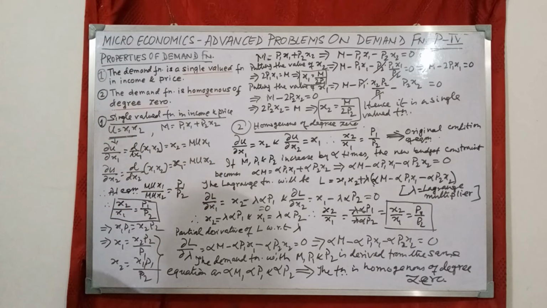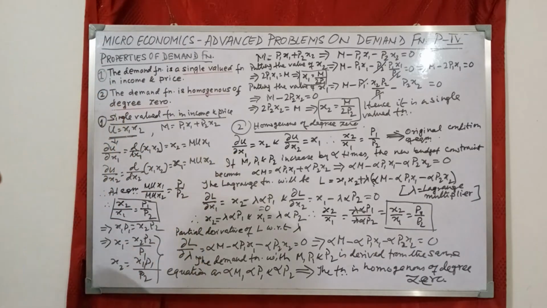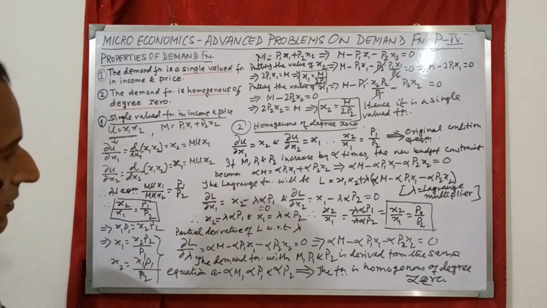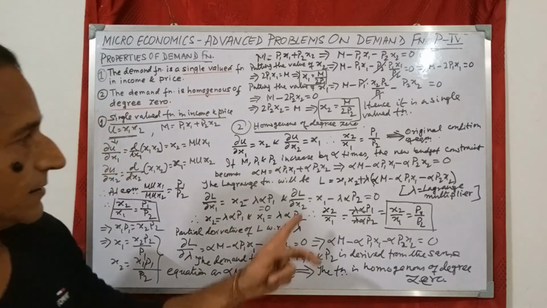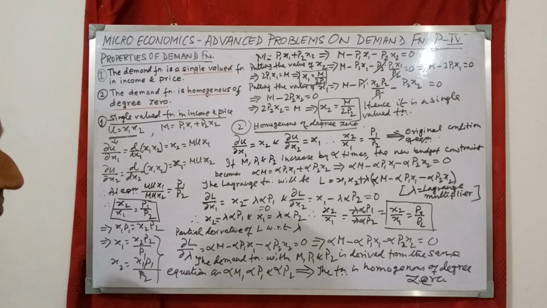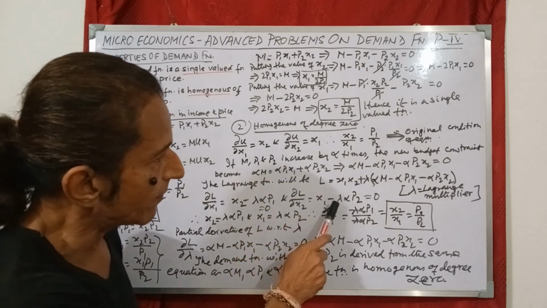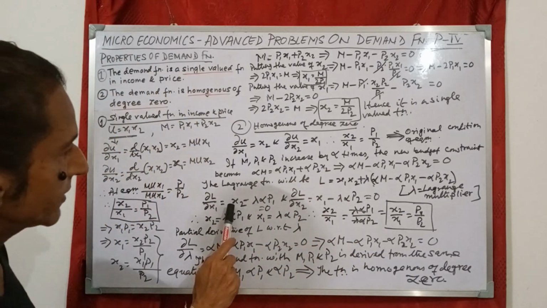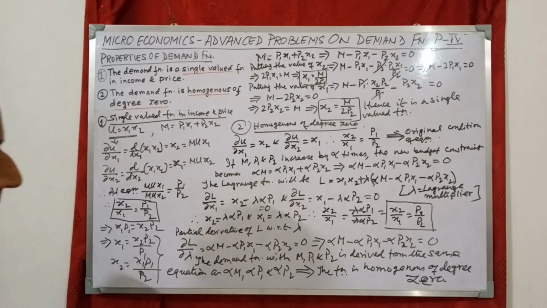So here we have differentiated L with respect to x1. We have found del L del x1 equals x2 minus lambda alpha p1, and differentiating L with respect to x2, we have found del L del x2 equals x1 minus lambda alpha p2, equals 0, and this is also equal to 0, x2 minus lambda alpha p1 is 0.